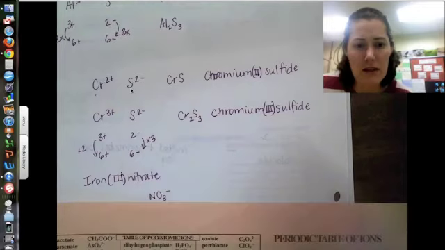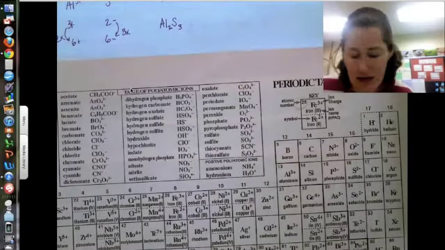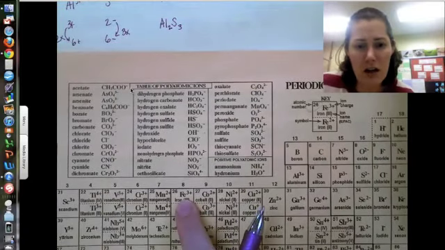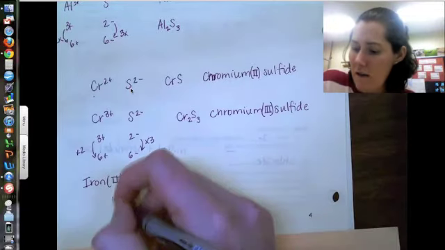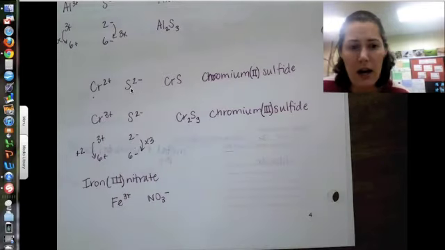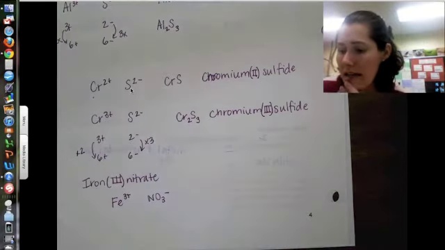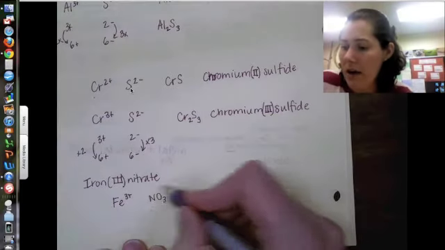NO3 minus. And then we also want iron, what did I say? Iron 3. And so iron 3 is right here. It has a positive 3 plus. So iron Fe3 plus, NO3 minus. This is one of those polyatomic ions. So this thing acts like one piece.